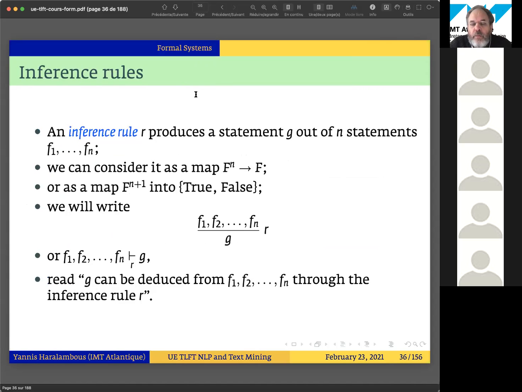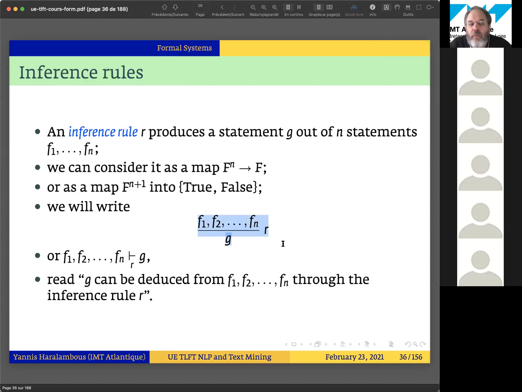Now, inference rules take 1 to n statements or formulas, it's the same thing, and provide a new statement. So this is a way to write an inference rule.